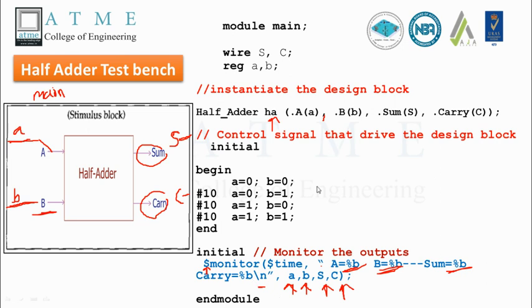Essentially, the same test bench can be used to test the functionality of the digital device, in this case the half adder. Very important, you should observe that the display variables should match the signals you have listed in the monitor statement.